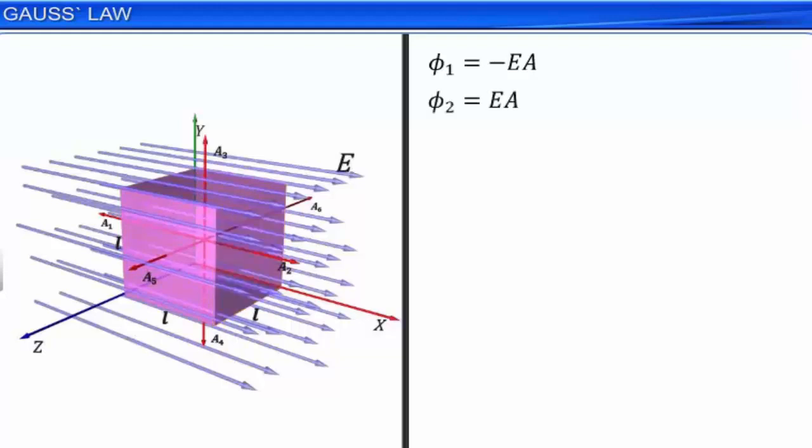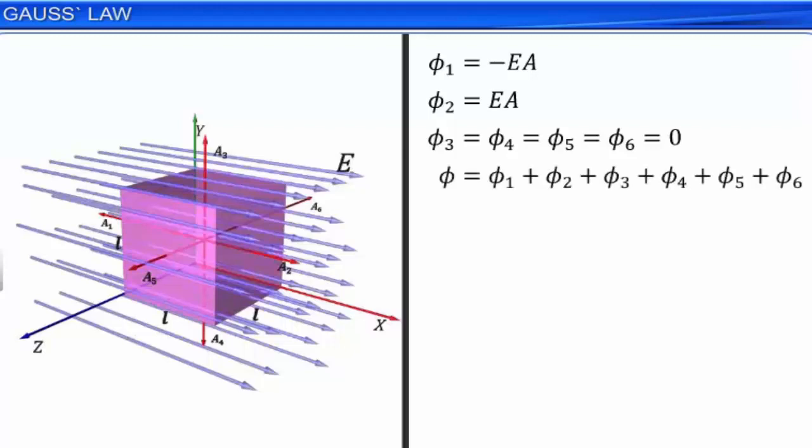The flux through the faces 3, 4, 5 and 6, that is phi 3, phi 4, phi 5 and phi 6 respectively, is equal to 0, since the area vector A is perpendicular to the direction of the electric field with respect to these faces. Therefore, the net electric flux through the cube is minus EA plus EA, which is again equal to 0.